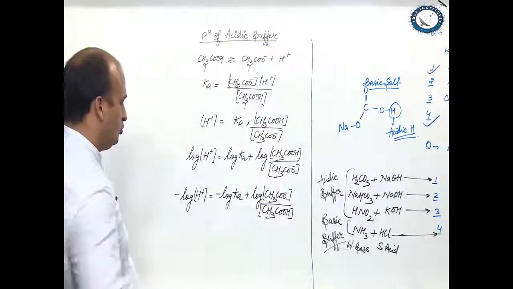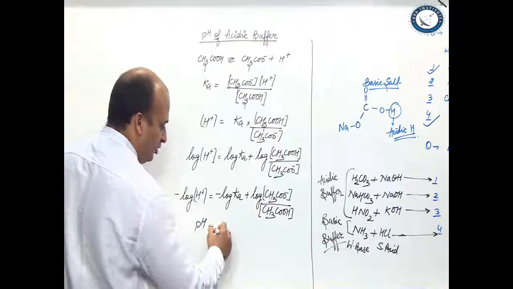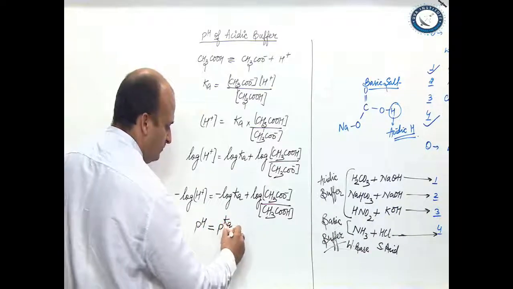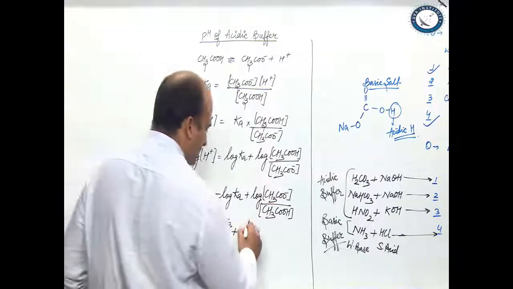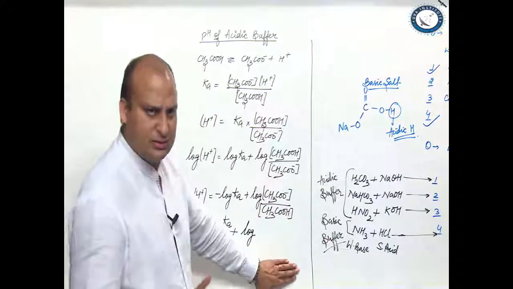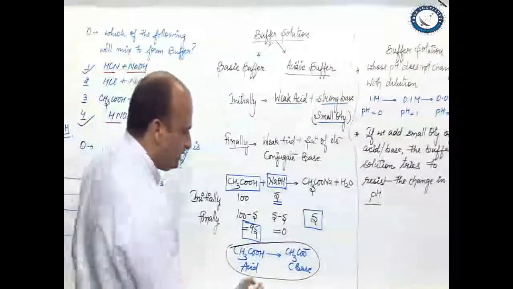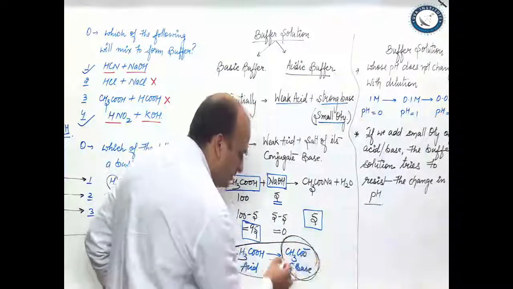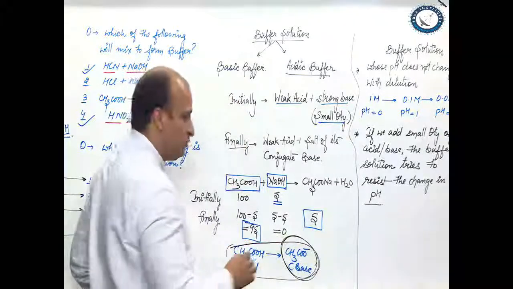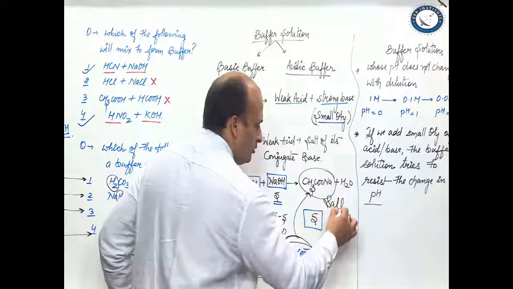So minus log H plus is pH, minus log Ka is pKa plus, and this is log. See what is this, CH3CO minus, and what is this? This CH3CO minus ion is nothing but the base which is present in the form of salt.